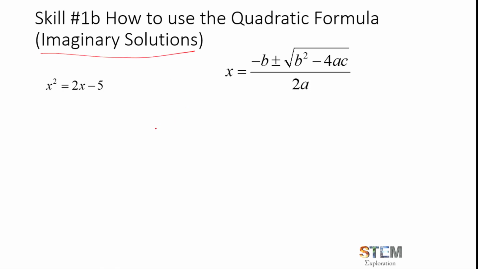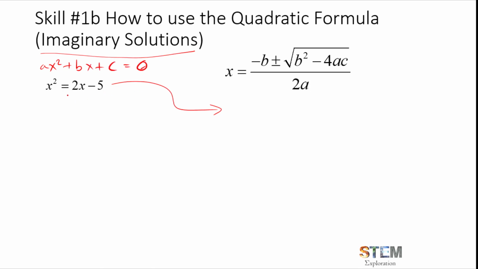Now, where the quadratic formula really becomes useful is if we want to find imaginary solutions. This is a very useful situation to use the quadratic formula for, because we can take an equation like this, and let's just bring it over here. I'm going to rearrange this into the ax squared plus bx plus c equals 0 format.